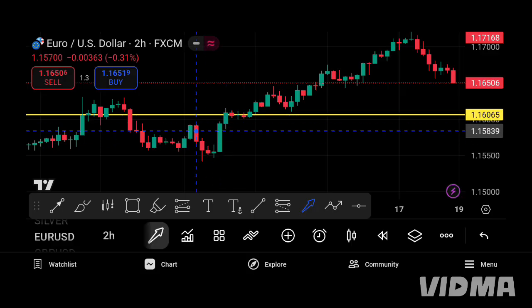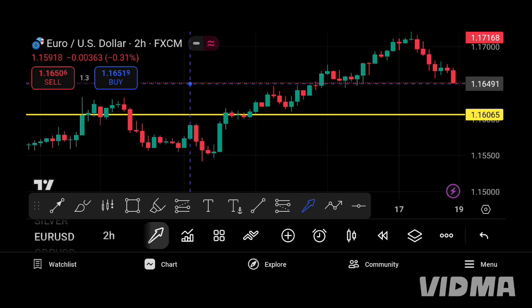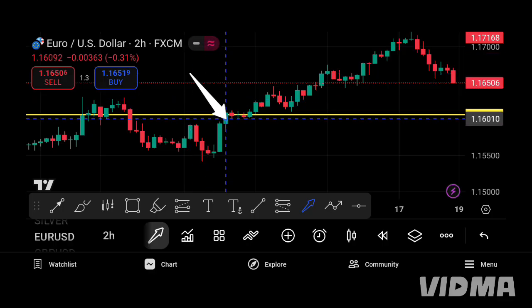Yes guys, you can see the yellow line here. It was the close of Tuesday, and it's the open of Wednesday, this yellow line here.